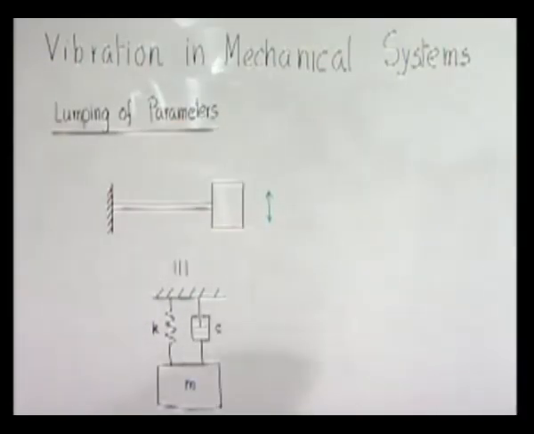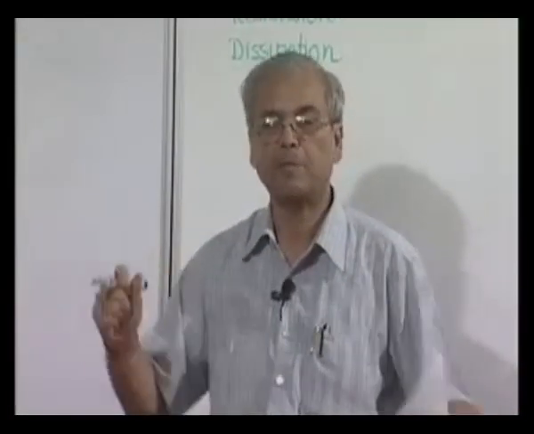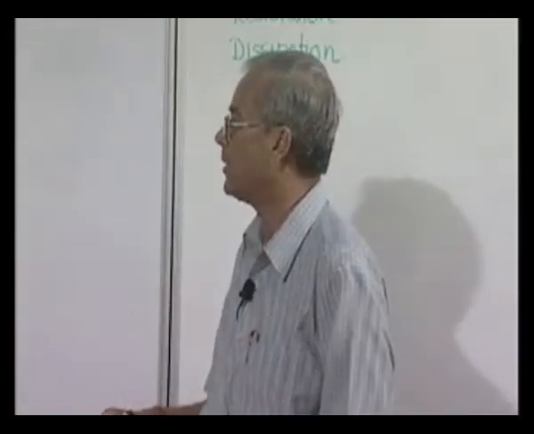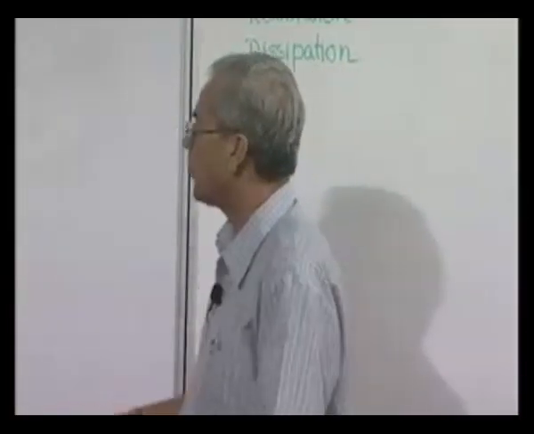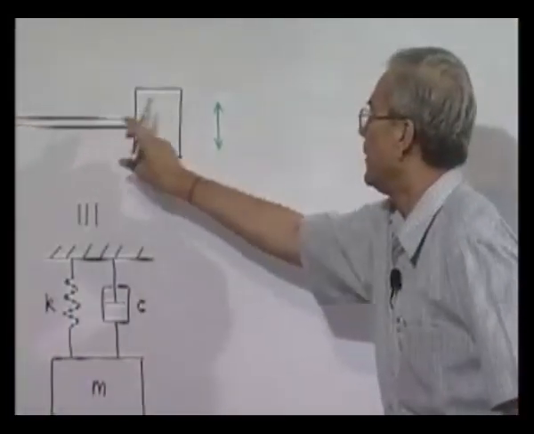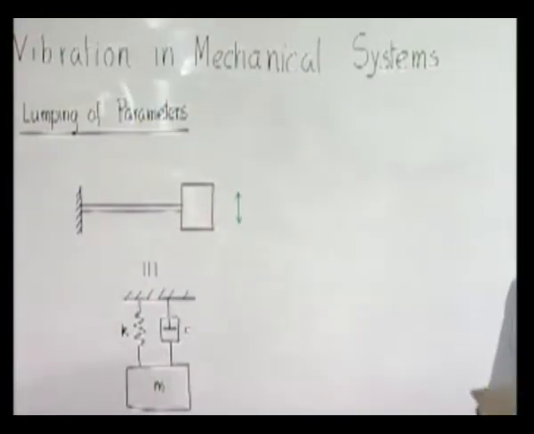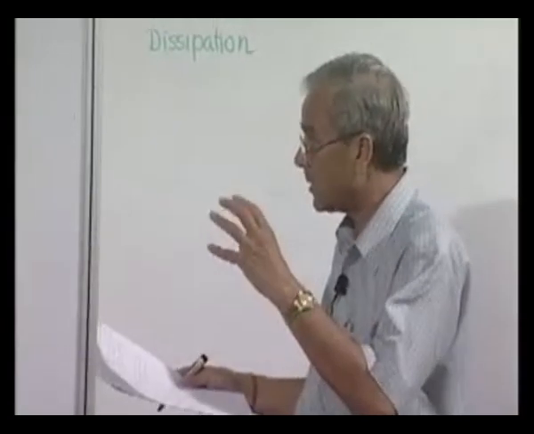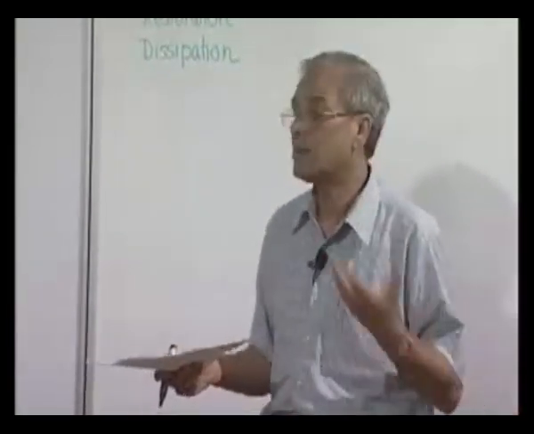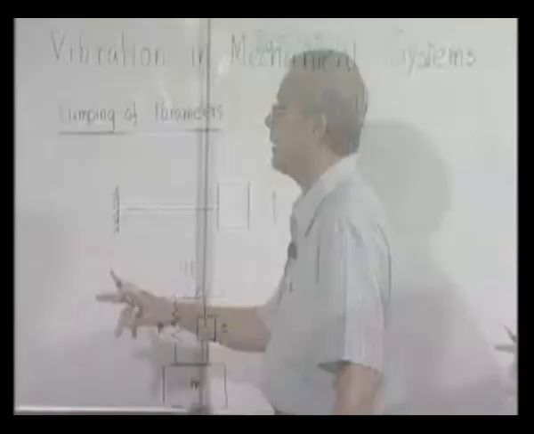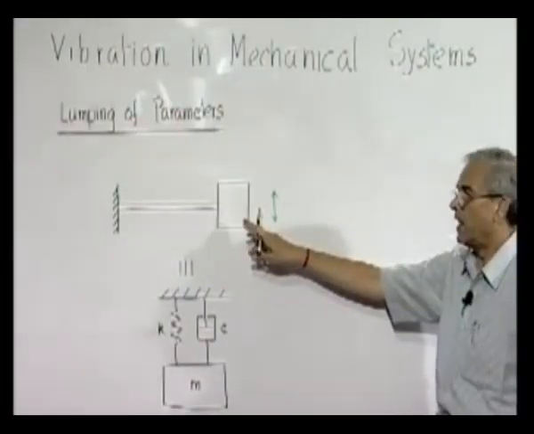It also has nevertheless some amount of dissipating capability because of its hysteretic damping, but its main job is to provide restoration. So that's why we call this the spring. This also has internal damping, it has a certain amount of stiffness, and it has predominantly inertia. Its primary job is to provide inertia to the system.